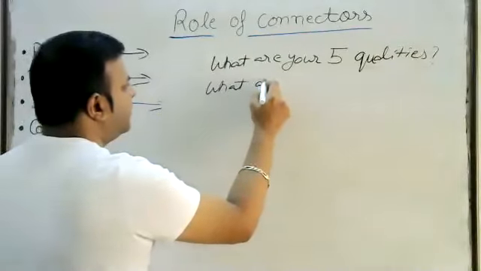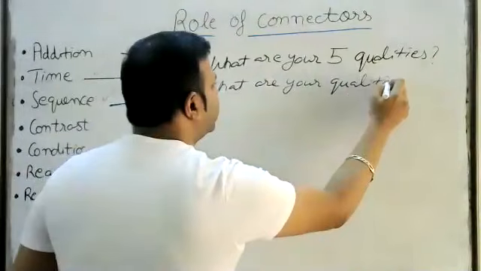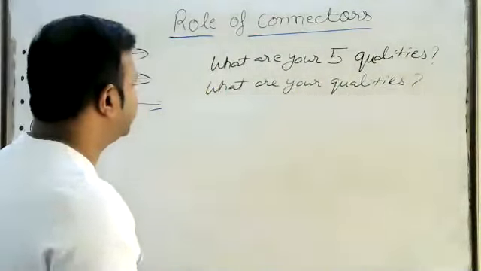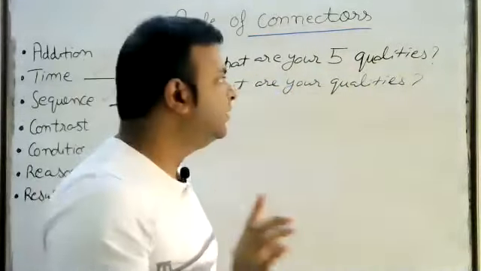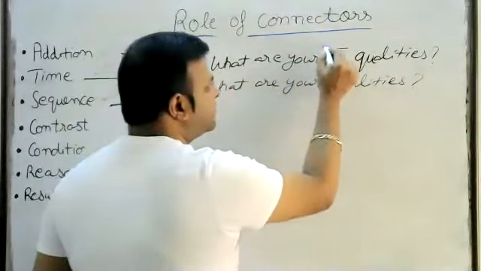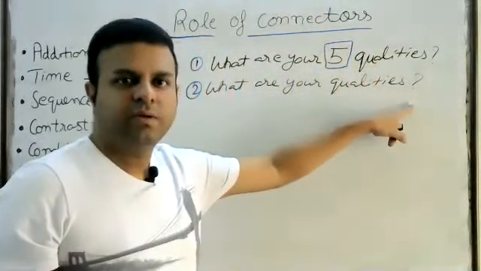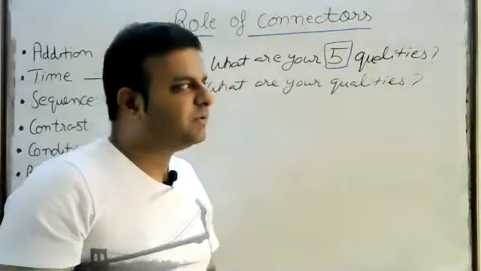Or "What are your qualities?" Two types of questions. Now, as you can see, they both are the same. The only difference is that here you have a specific number. In this question, you don't. So in this one, obviously, five qualities are being asked.